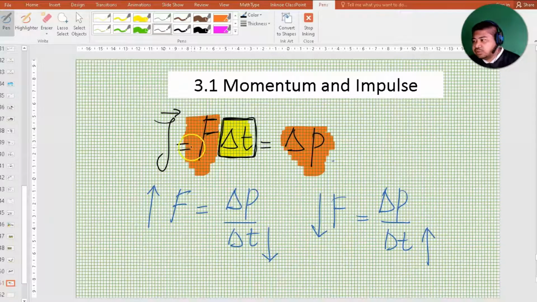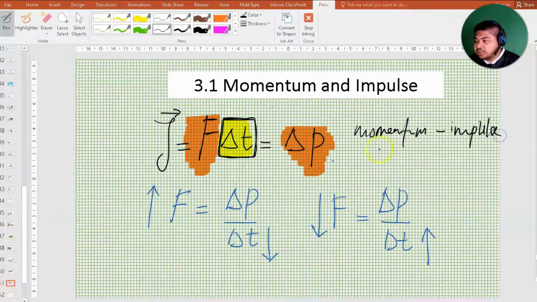The force you need is huge for the change in momentum to happen in a very short time. This relationship, this equation, is known as the momentum and impulse theorem.